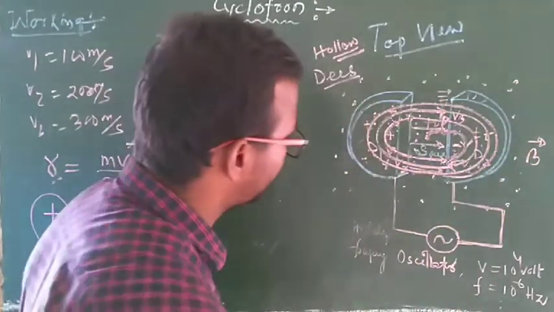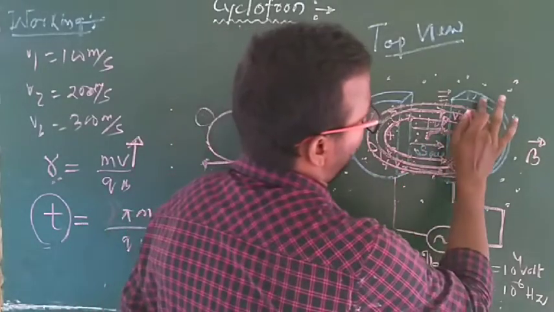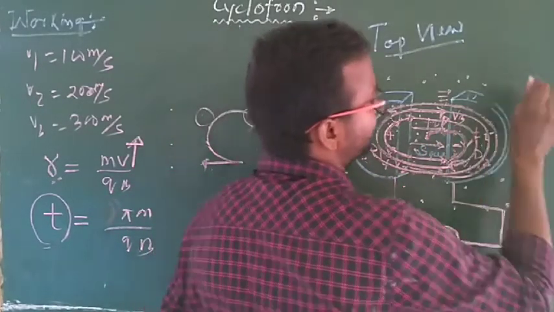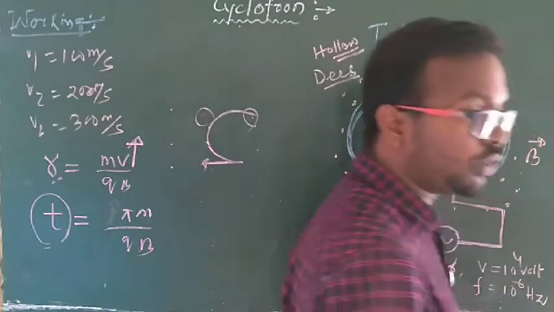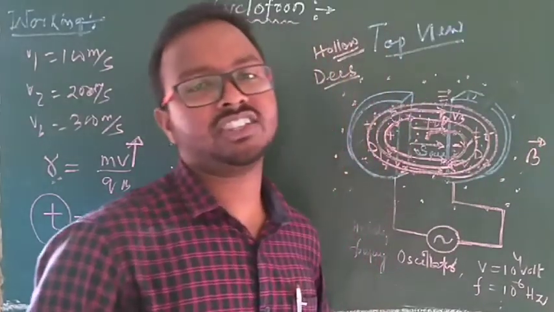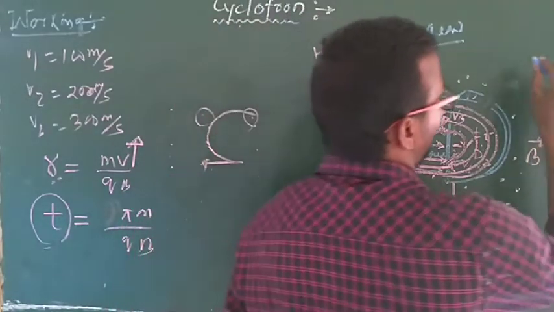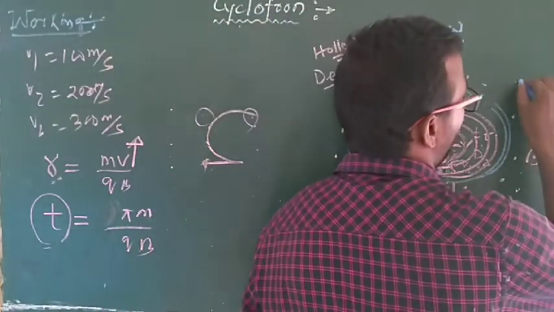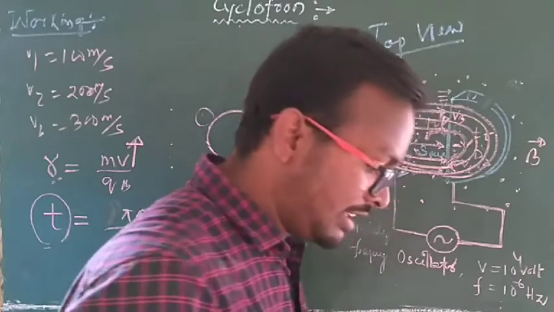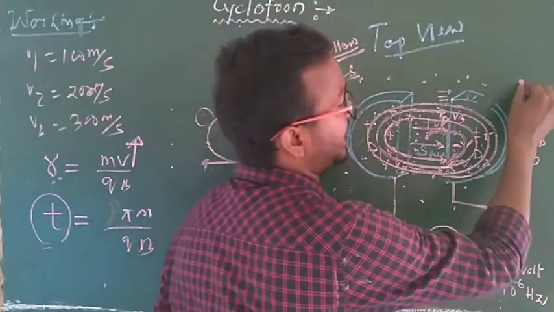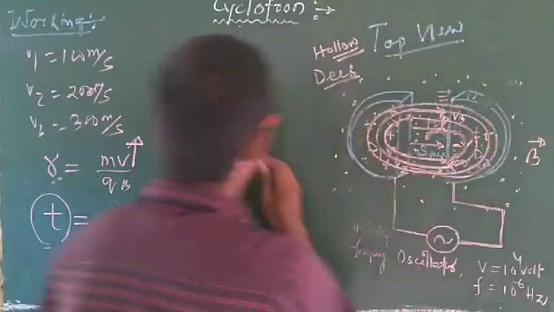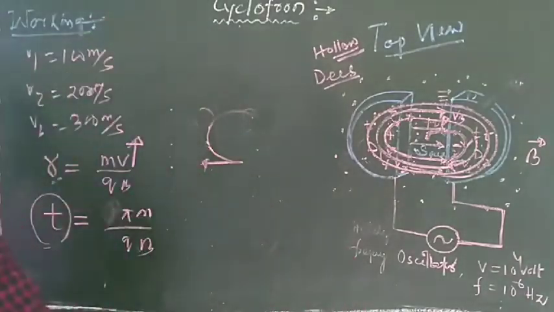Clear? Suppose there is a deflector, because in a cyclotron we need a highly energetic and highly accelerated charged particle. And why do we need it? Because we have to break a nucleus or we have to break a target. So suppose we have a target here.